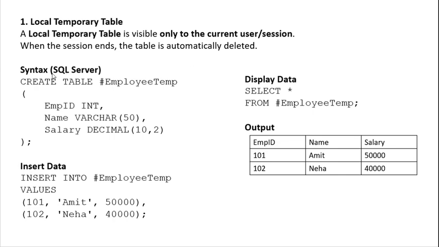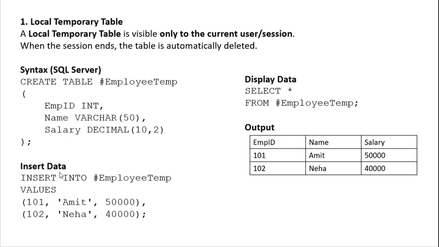The syntax in SQL Server is to create a table, and inside the brackets: EmployeeID is an INT, comma, Name is VARCHAR with a size of 50, comma, Salary is DECIMAL(10,2), close the brackets and add a semicolon.